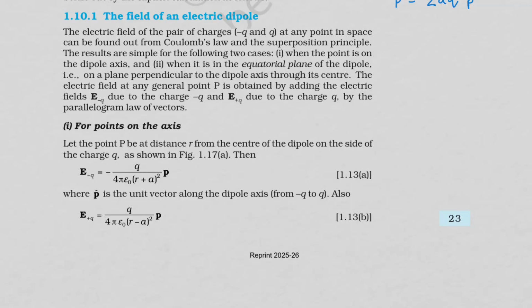So when this electric dipole is there, where we have the two charges minus q and plus q separated by a distance 2a, then the line joining these two charges is called the dipole axis.